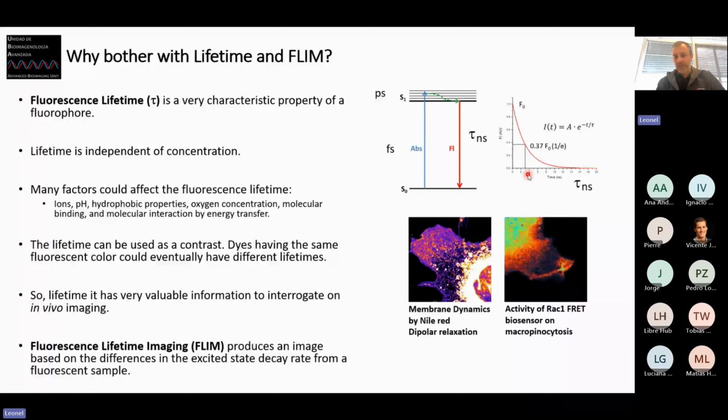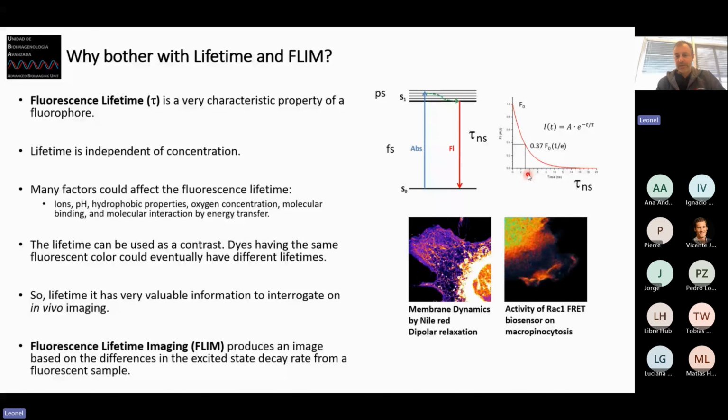One important thing about fluorescence lifetime is that it can be affected by many different situations like ion concentration, pH, hydrophobic properties, oxygen concentration, and energy transfer. So it can be a ruler, a tool to measure other things that can happen in a living system.